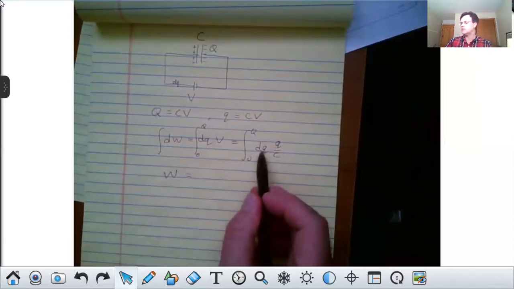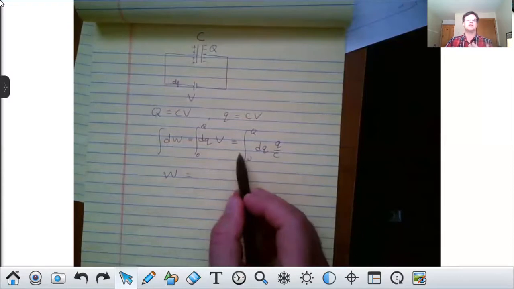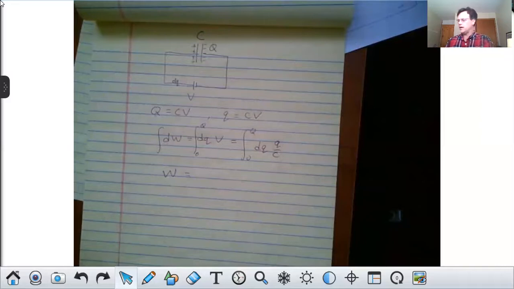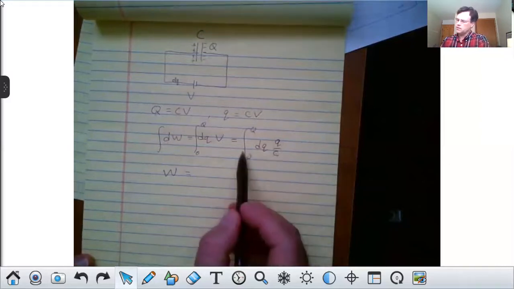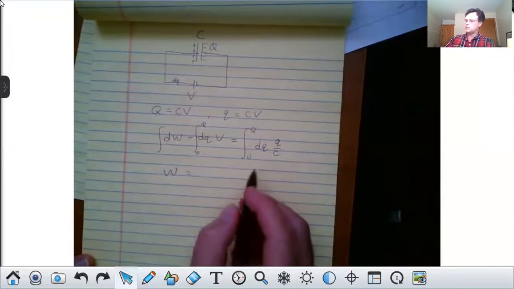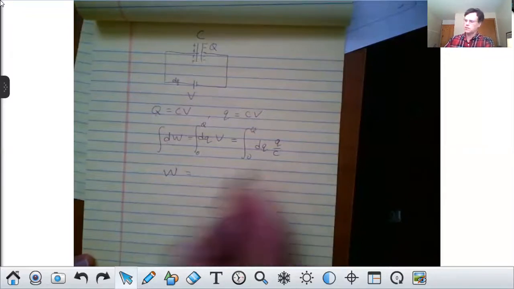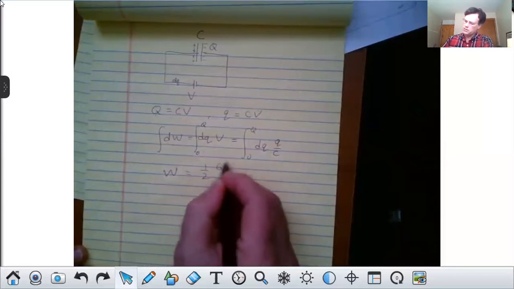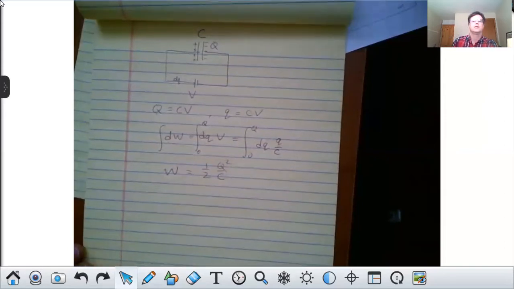Now, this is like q dq, right? Capacitance is a constant. It's a property of the geometry of the particular capacitor, so it can come out, and I just have the integral of q dq. Well, that's just Q squared over 2. So I end up getting, finally, that the total amount of work done is 1/2 Q squared over C. I could write this in a different way, right?